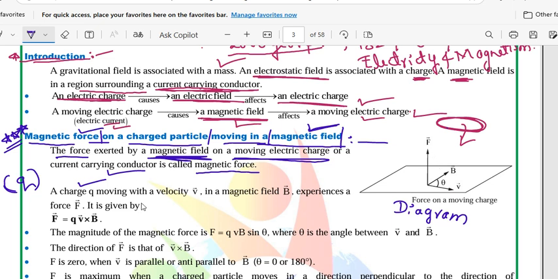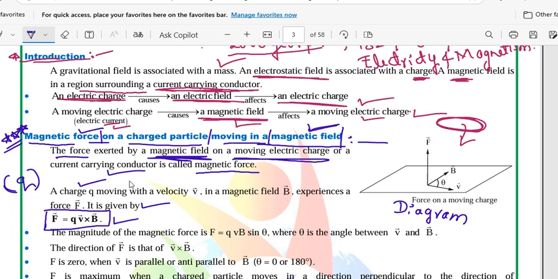So it is given by F bar is equal to q into v bar cross B bar. This is the expression for the magnetic force.